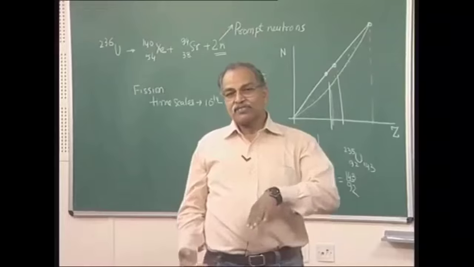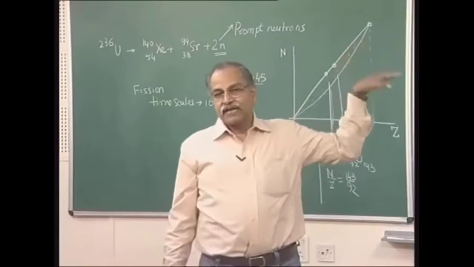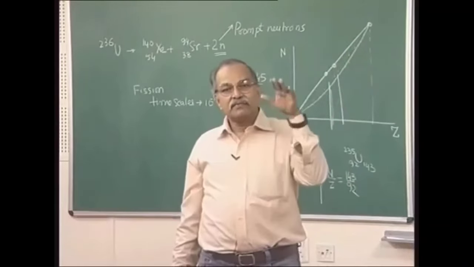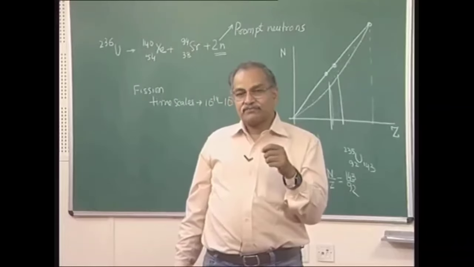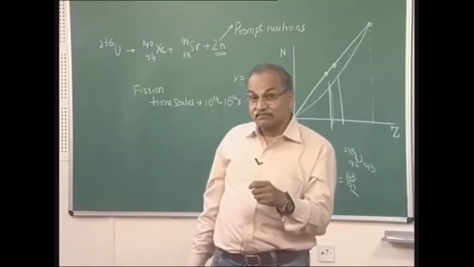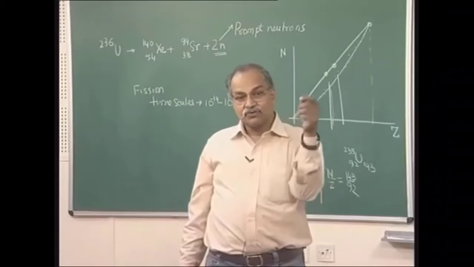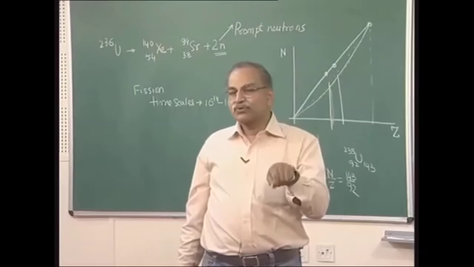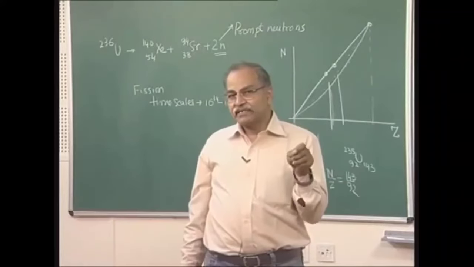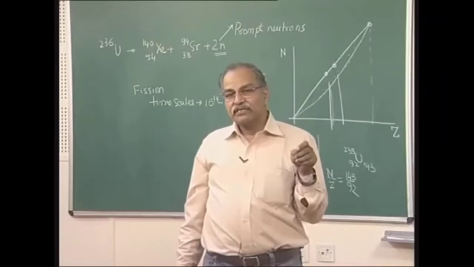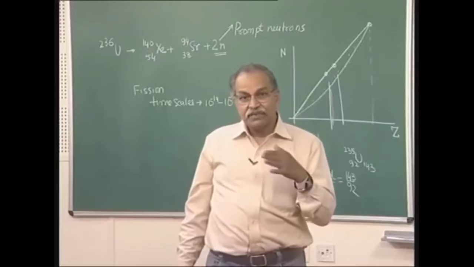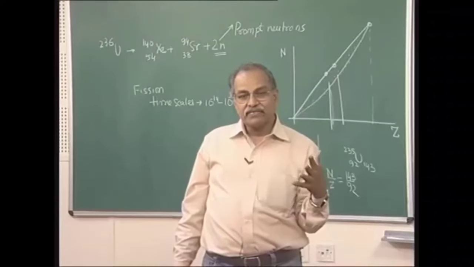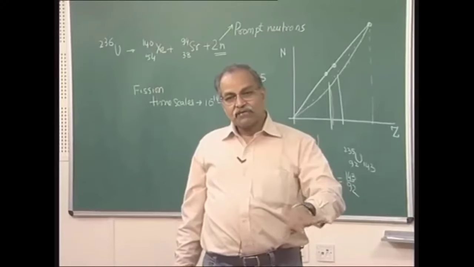They are much above the stability line in that diagram, and therefore they are beta minus active, because with more neutrons, a neutron wants to convert into a proton to reduce the n by z ratio. So, they decay, a beta particle is emitted, and they try to become stable.